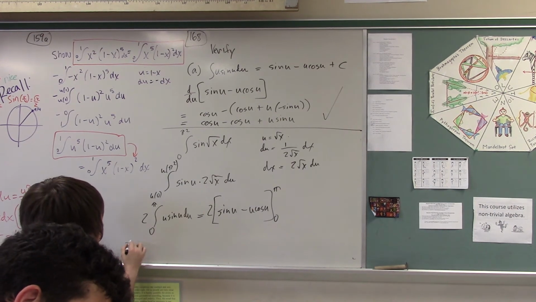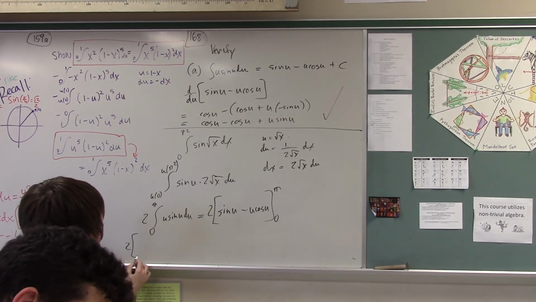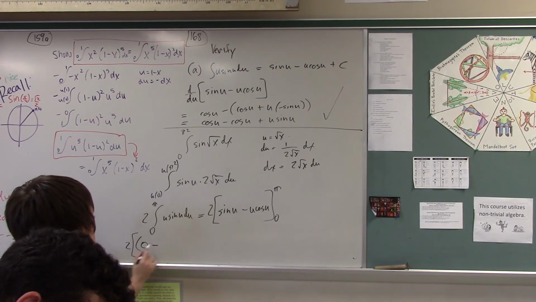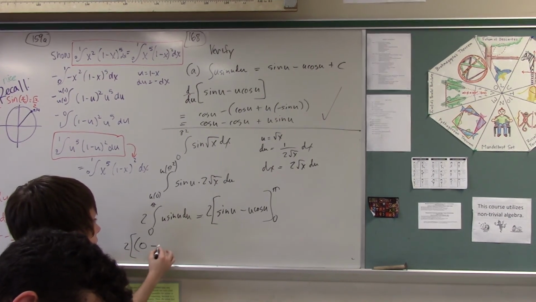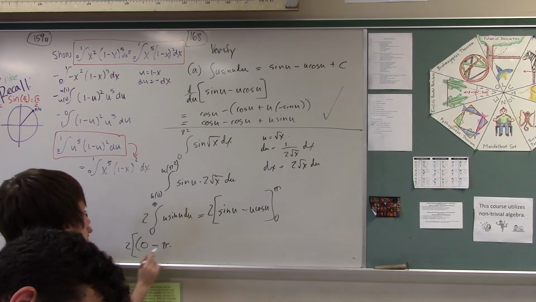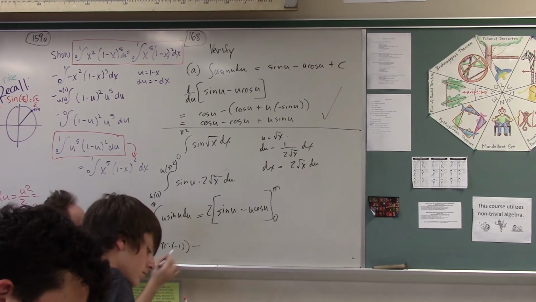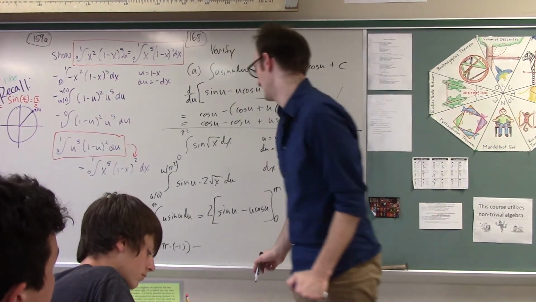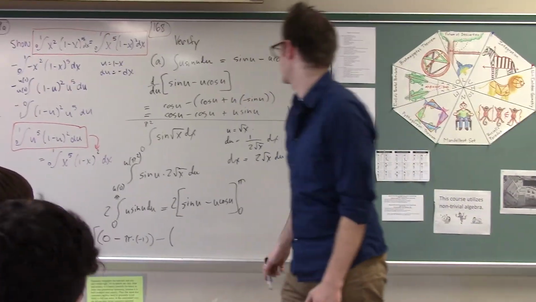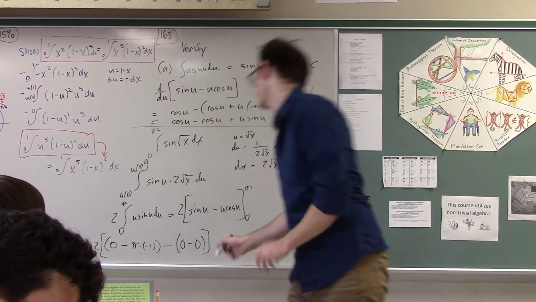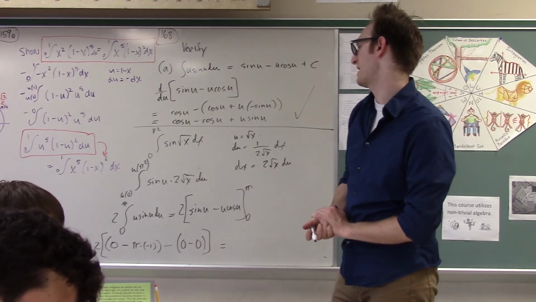So anyway, final answer: 2, if I plug in pi, sine of pi is 0, minus pi times cosine of pi, which is negative 1. A lot of parentheses here. Minus what happens when you plug in 0, which is just 0 minus 0. So the final answer is just 2 pi, is that right?